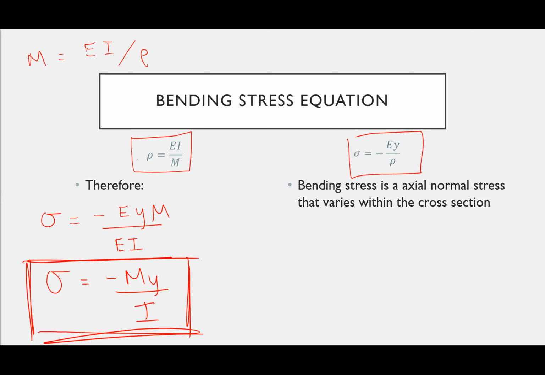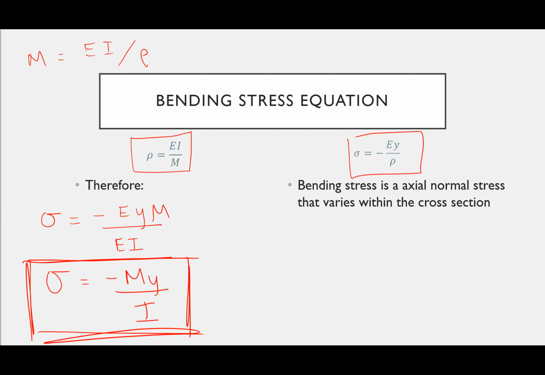So now, knowing the cross-sectional properties, y is a cross-sectional property, right? Y could be the vertical location of a bending beam, really any point on that beam. But if you want the maximum value, it's from the neutral axis all the way to the end. I is based on the cross-section. If it's rectangular, that's 1/12 BH cubed.